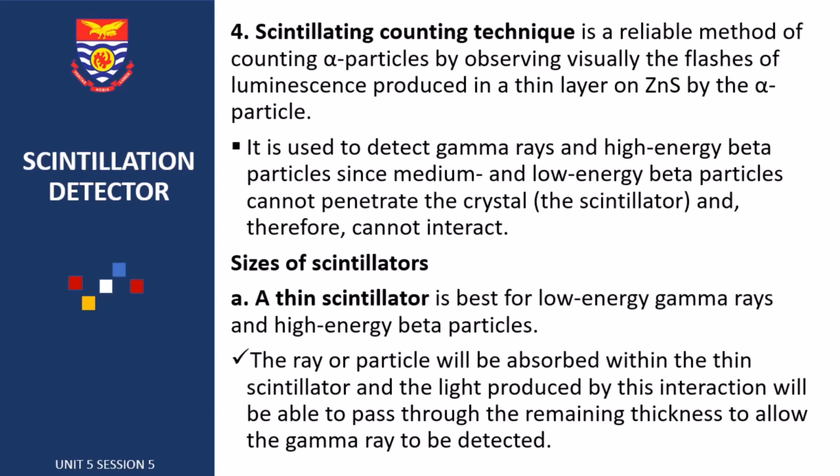The rays or particles will be absorbed within the thin scintillator, and it will produce light which will pass through the scintillator, and then it will allow the gamma rays to be detected.